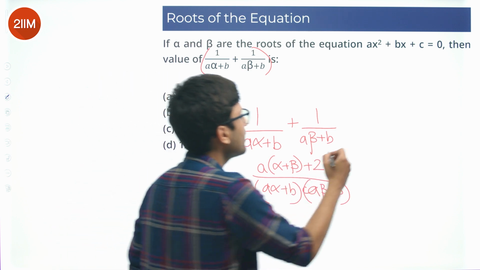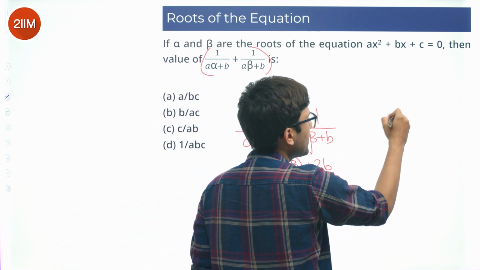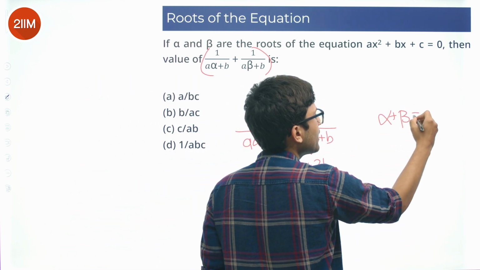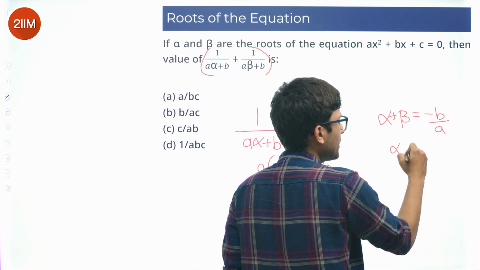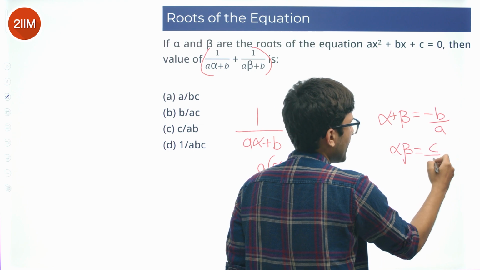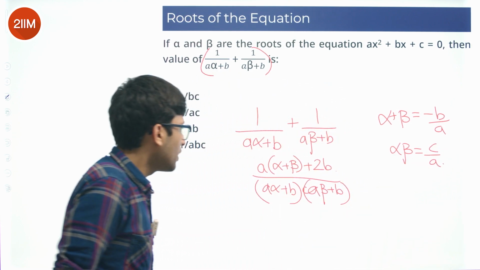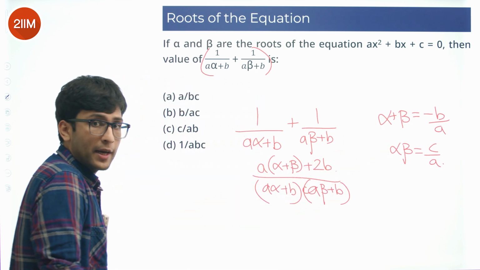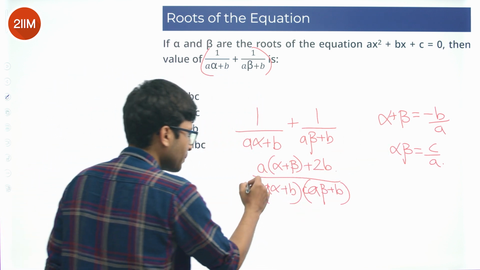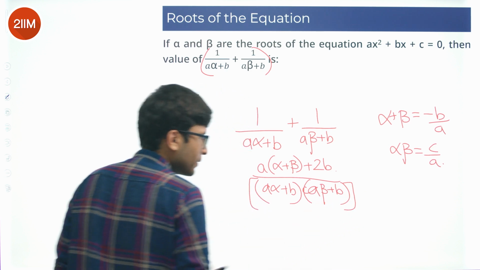First of all, what I know is, if alpha and beta are the roots, then alpha plus beta is equal to minus b by a, and alpha beta is equal to c by a. These are the two things which I know. So let us put alpha plus beta as minus b by a in the numerator, and the denominator we would do afterwards.